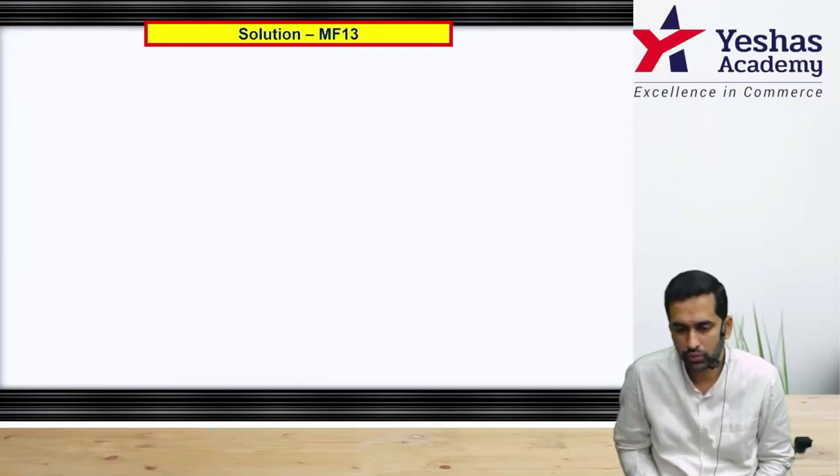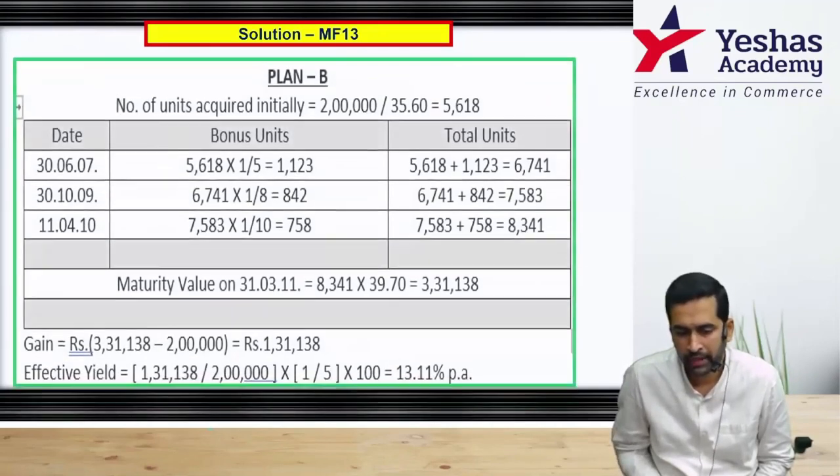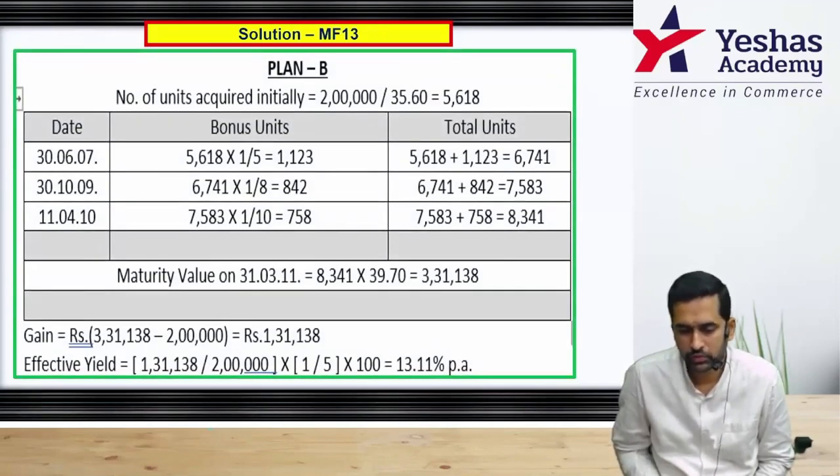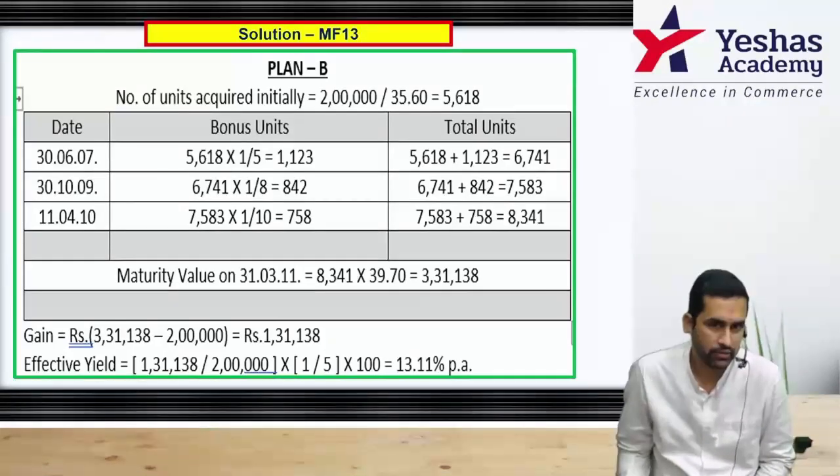So units before, first column, bonus next column, units after bonus, third column. So 5618, on that bonus will be 1123, and you will have 5618 plus 1123, 6741.